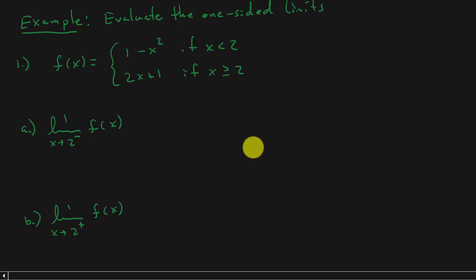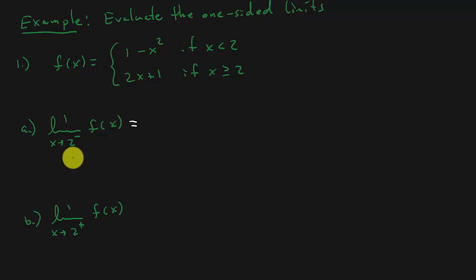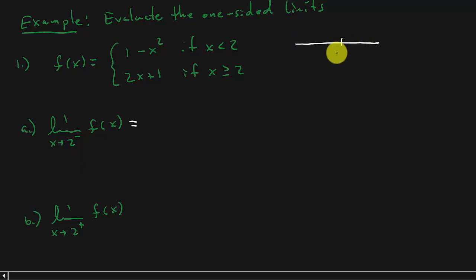All right, so evaluate the one-sided limit. So this is equal to the limit of f of x as x approaches 2 from the left. Now we're coming in from the left-hand side. If you look at the 2 on the number line, coming in from the left, that's coming in from values less than 2. So which of these functions falls into that? Well, if you look, this is x is less than 2.